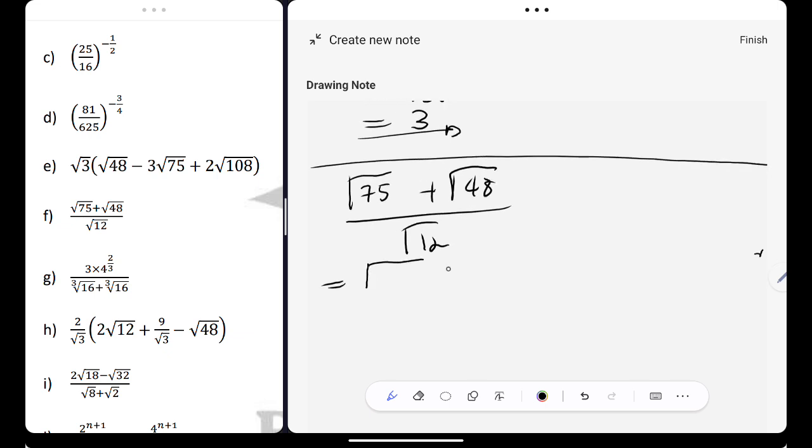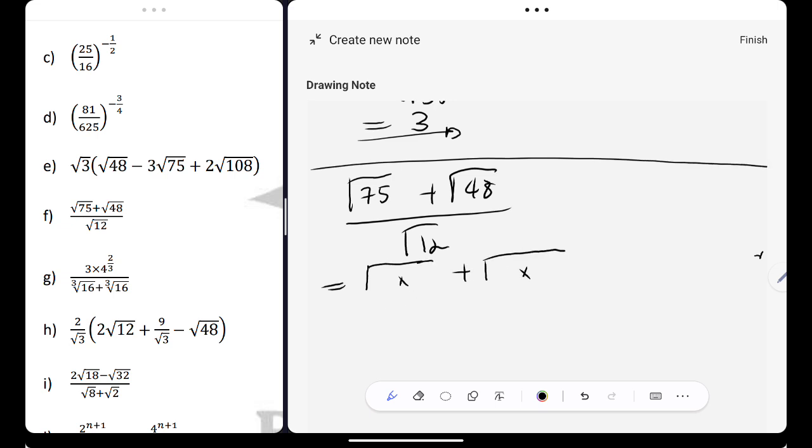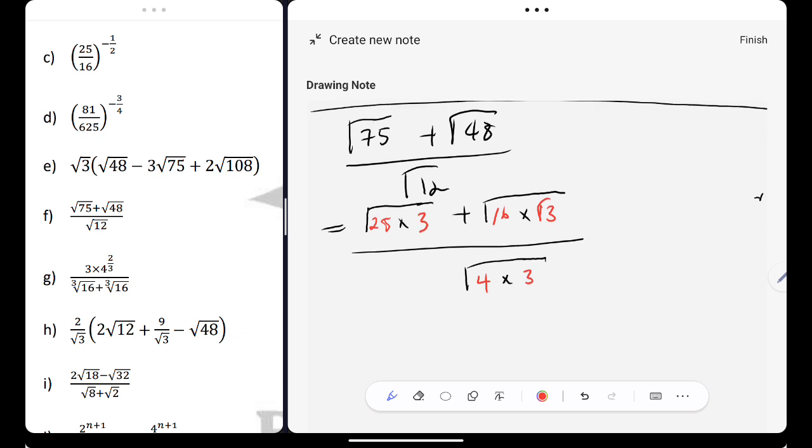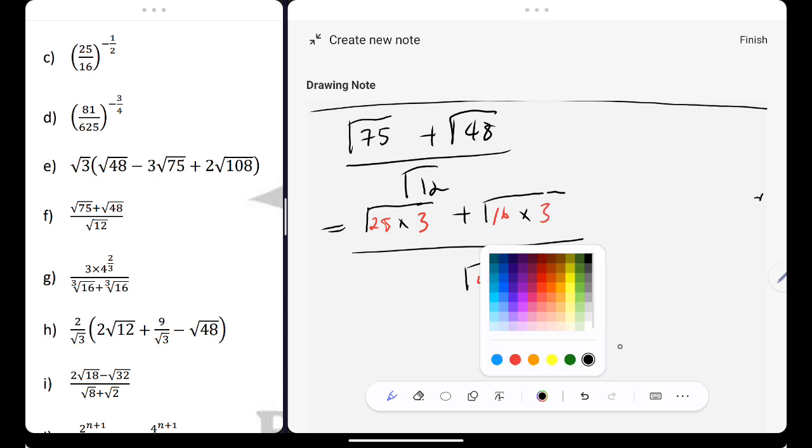Break down these two things into prime factors and perfect squares. 75 can be written as 25 multiplied by 5. 48, no, not multiplied by 5, rather, 75 is 25 multiplied by 3. 48 is 16 multiplied by 3. 12 is 4 multiplied by 3.